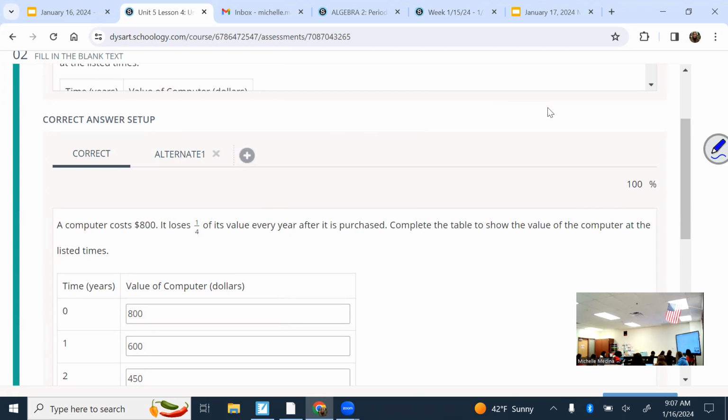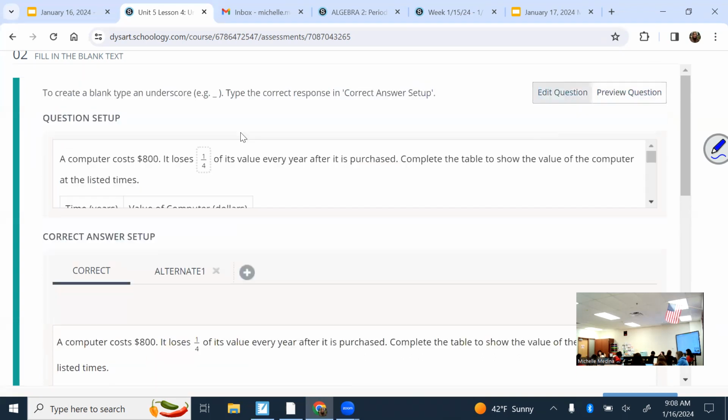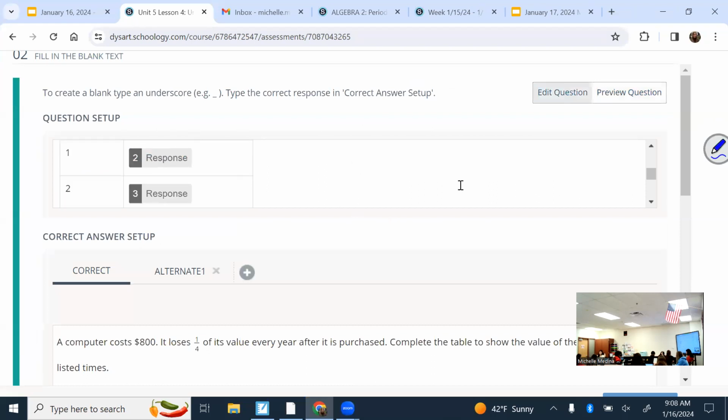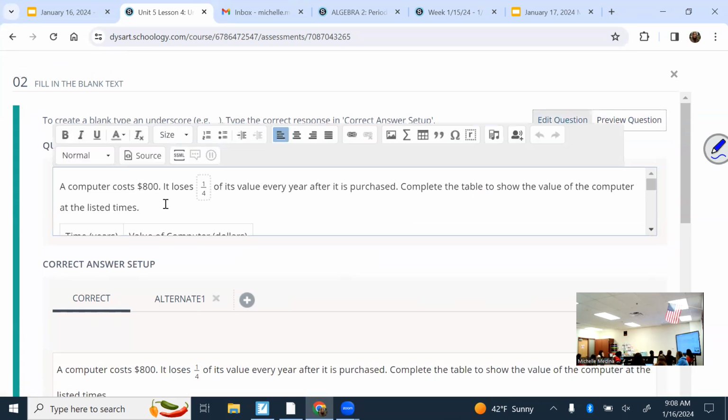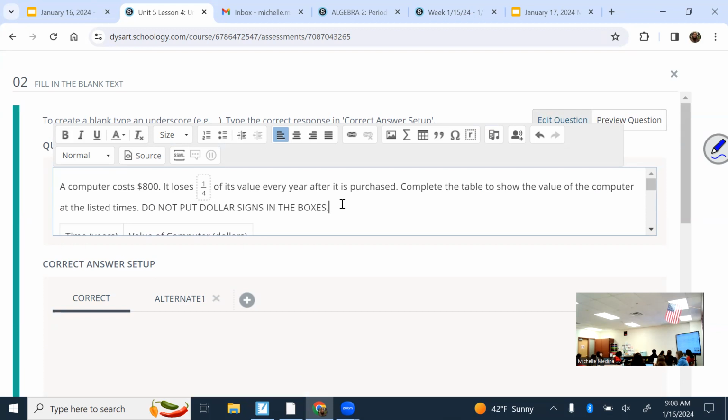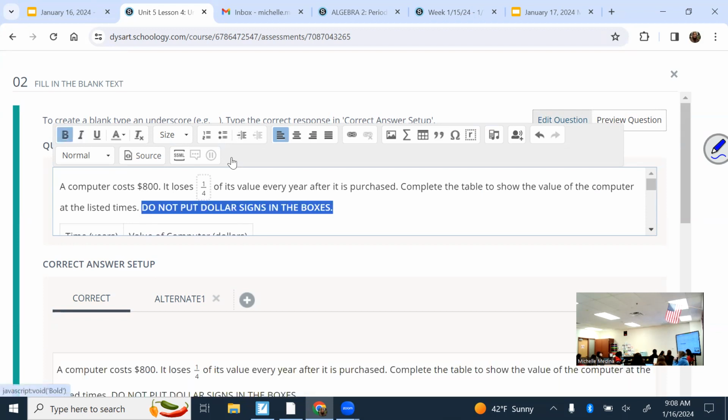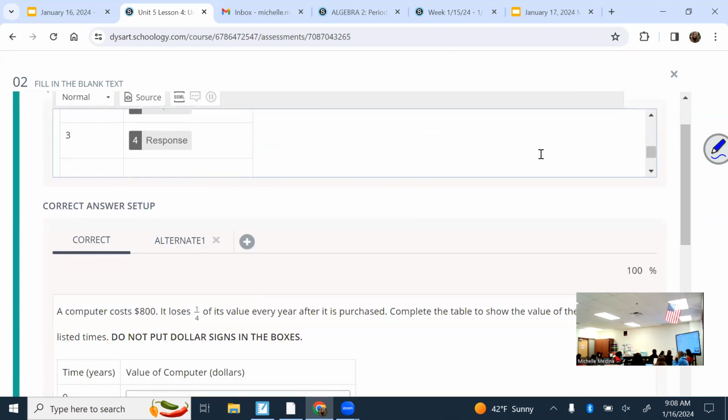Did anyone put dollar signs and get it marked wrong? Or can I just change the instructions to say, don't put dollar signs? You put dollar signs? Okay. Well, if it marks you wrong, then just let me know and I'll make it to where it marks it right, but usually if it has the units in the title, you don't need to put it again.